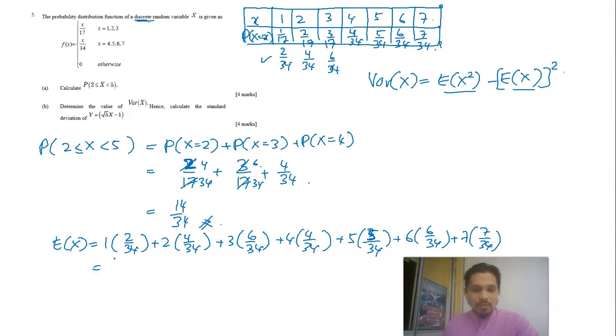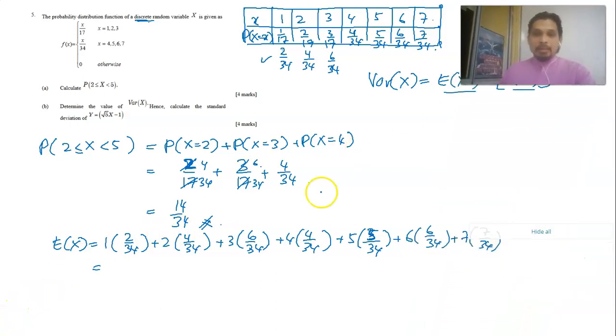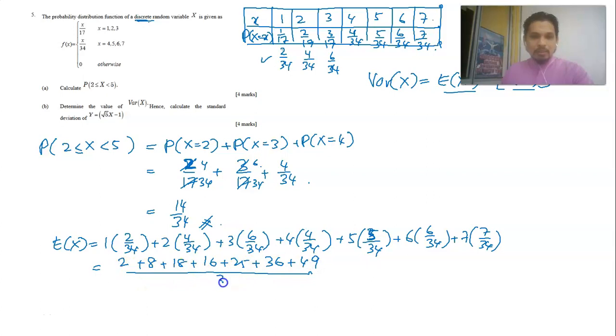So then this will give you, okay, 1 times 2 equal 2 plus 2 times 4 equal to 8, 3 times 6 is 18, 16, 25, plus 36, plus 49, and everything divided by 34.